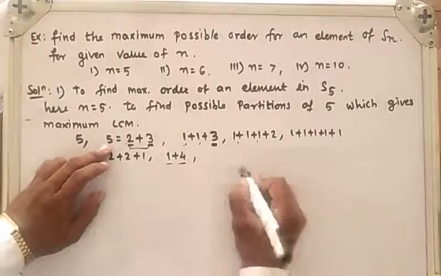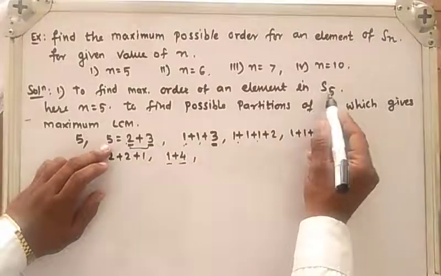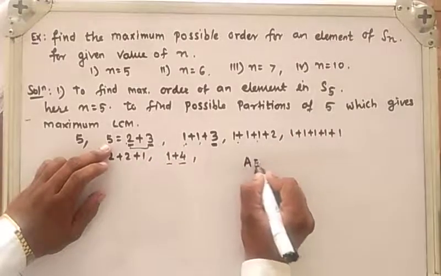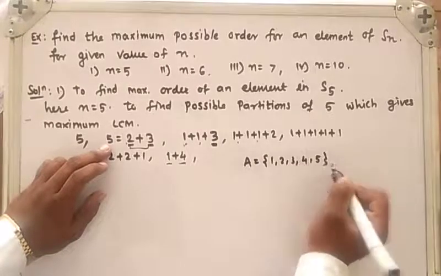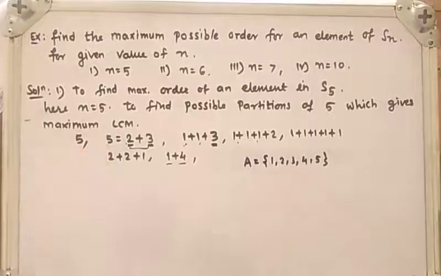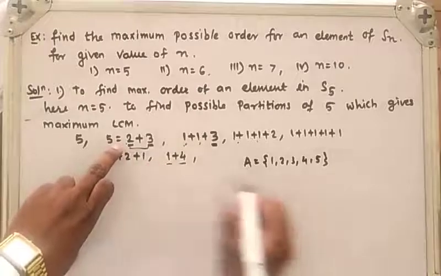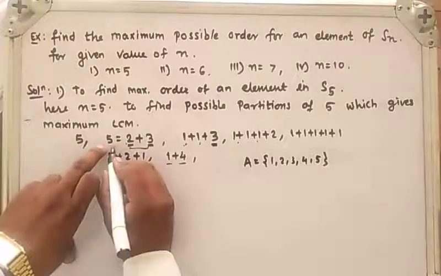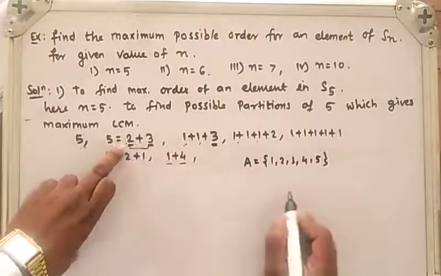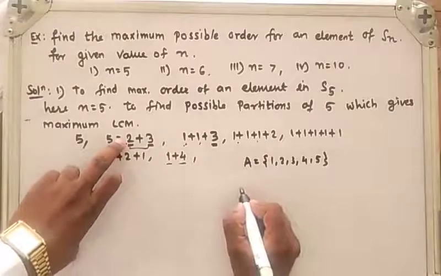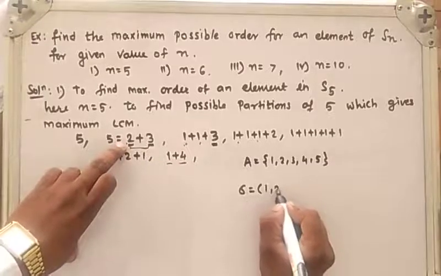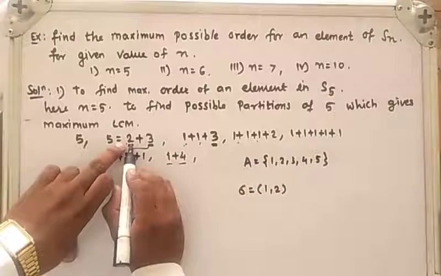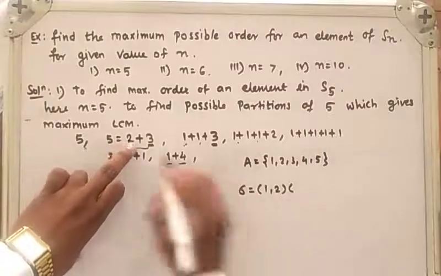So we have to find a permutation in S5. Here the total set A has 5 elements: 1, 2, 3, 4, 5. Among these, what is the maximum possible order? Suppose I have these 5 elements, and for 2 plus 3 suppose I have a sigma where 1 goes to 2, so the first cycle has 2 elements and the second cycle has 3 elements.